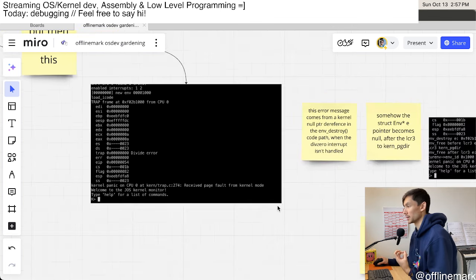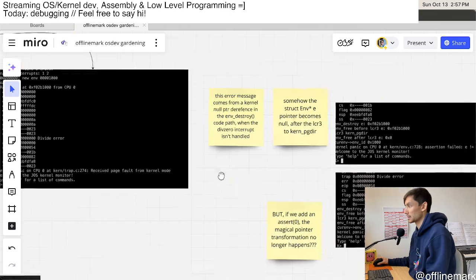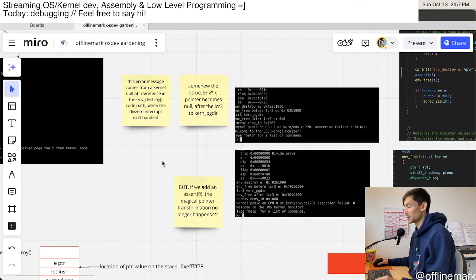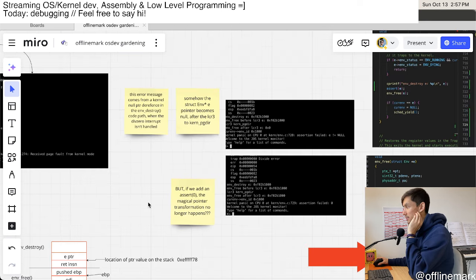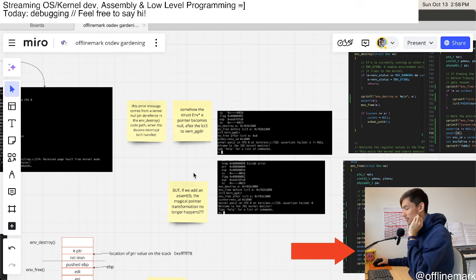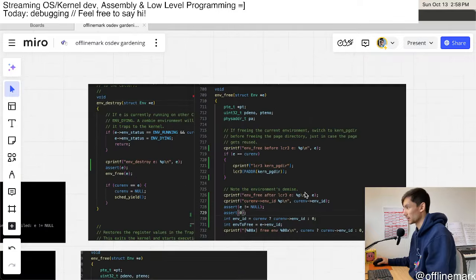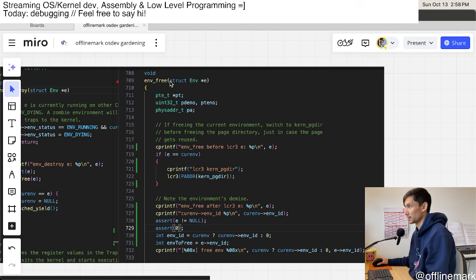Last week in week 36, I debugged this, and I figured out that it's related to the stack somehow. There's this code that takes this pointer as an argument, and then there is this CR3 page table switch, and then the e variable is used.